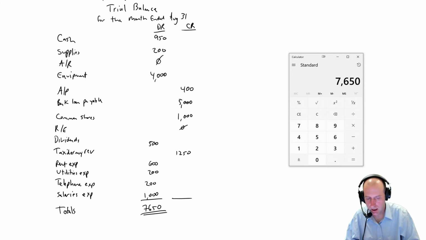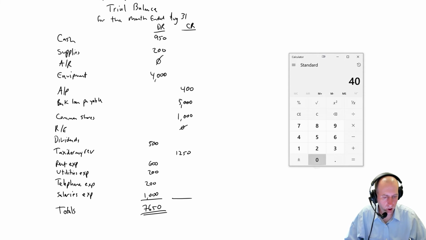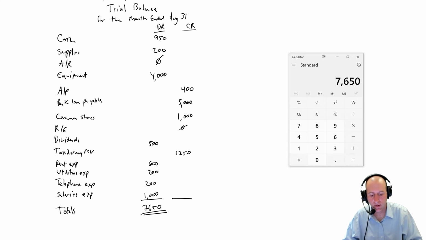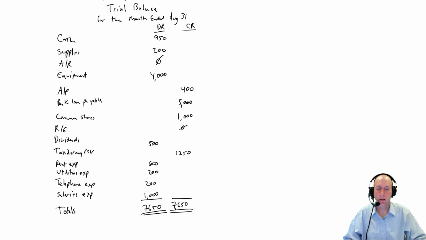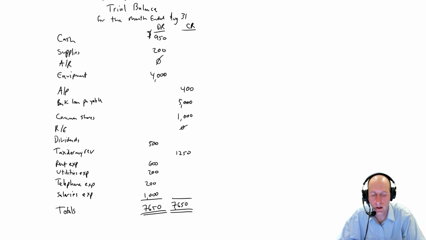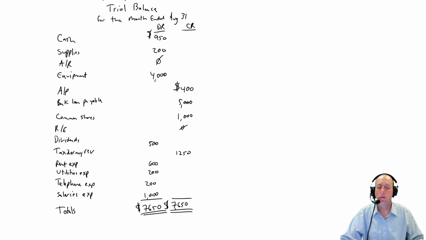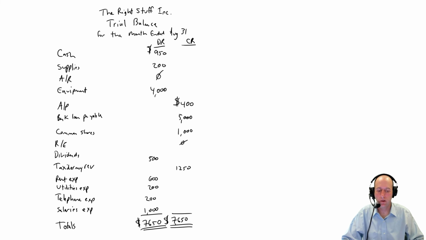The credit side, 400 plus 5,000 plus 1,000 plus 0 plus 1,250. I get 7,650 on the credit side. At that point, I'm feeling good. My trial balance balanced. Dollar signs at the top of each column and beside the bottom line of this statement, and we've got ourselves a beautiful trial balance.